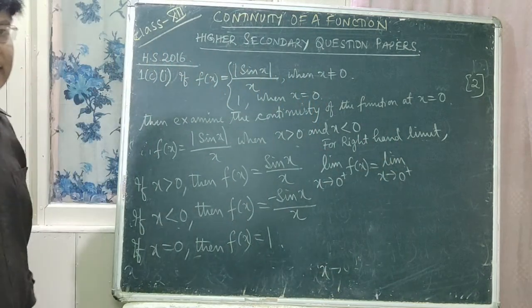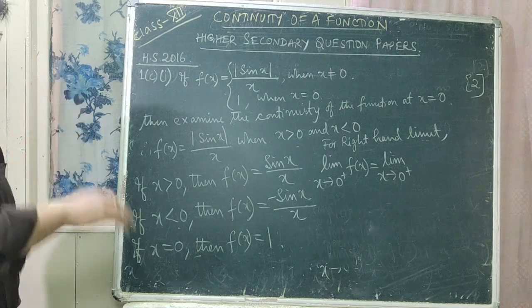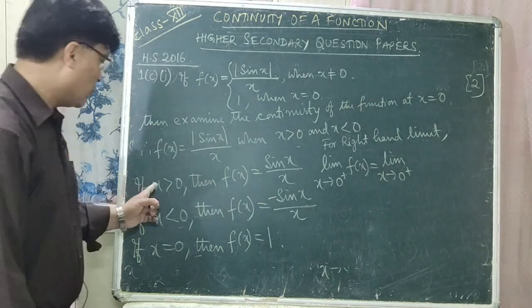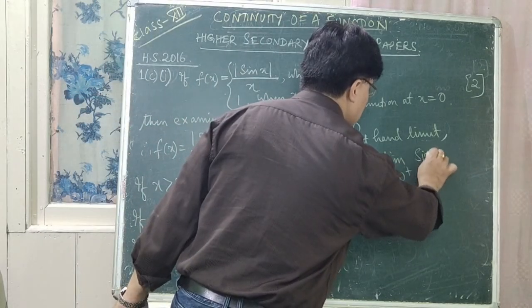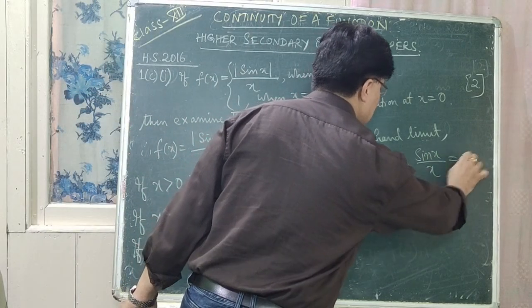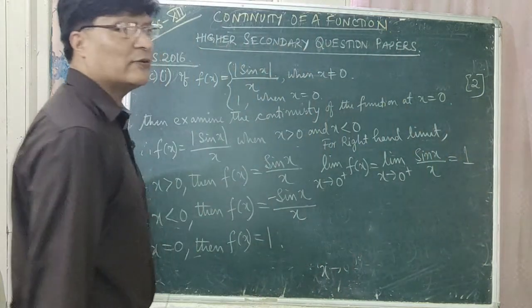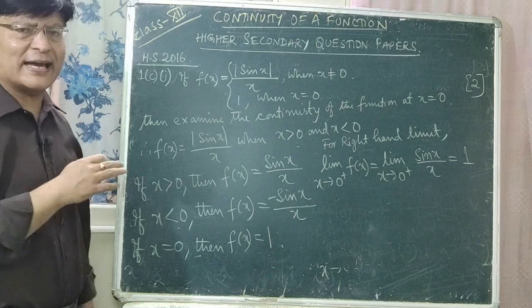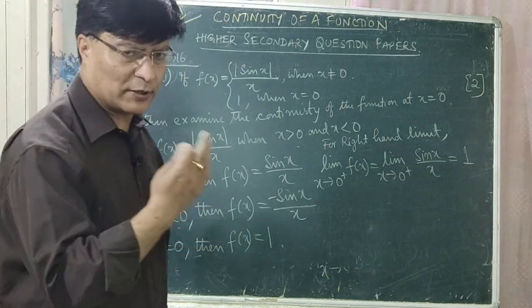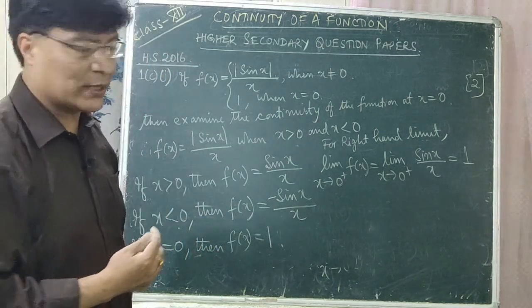What is the meaning of x tends to 0 plus? X is greater than 0, you know that, isn't it? So when x is greater than 0, what is the value for f of x? It is sin x divided by x, which is equal to 1. This is the standard form. X tends to 0 plus only indicates that x is approaching 0 from the right hand side. Okay, that is your 1.